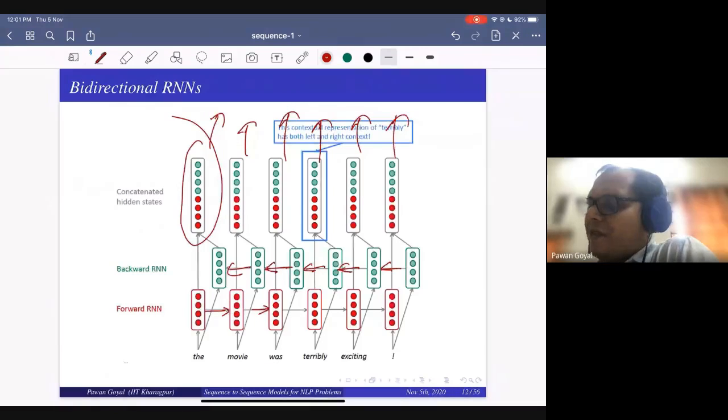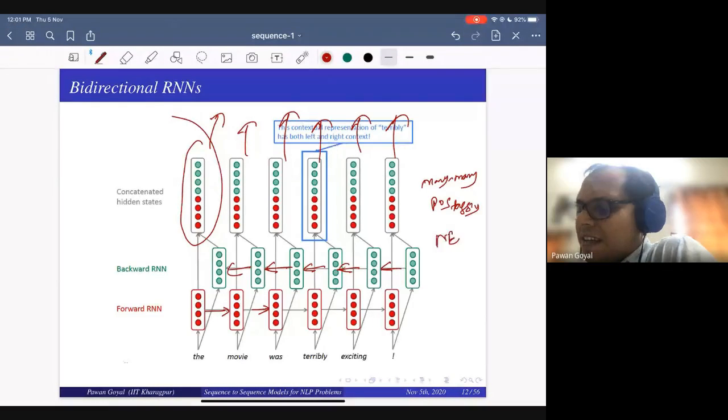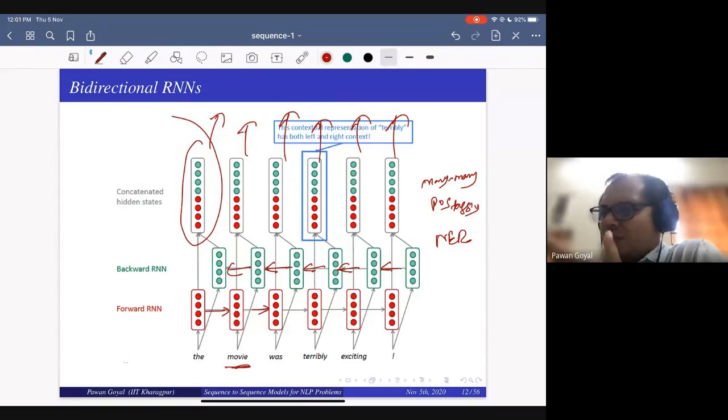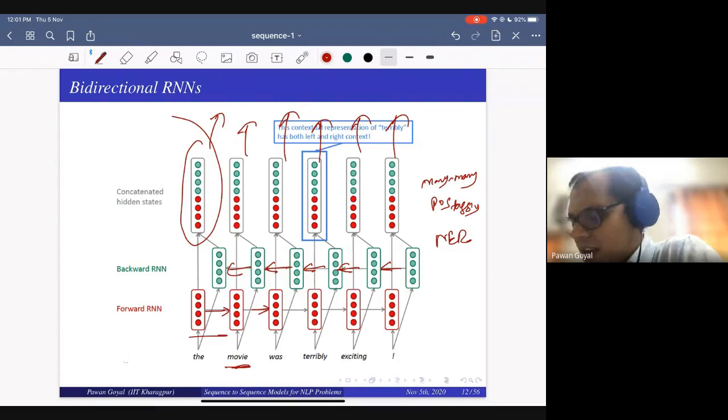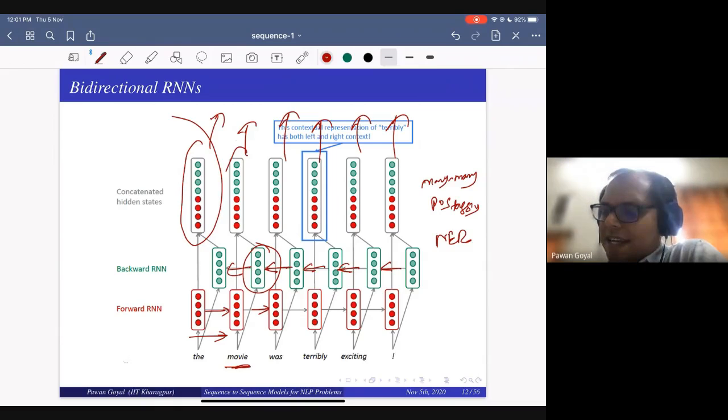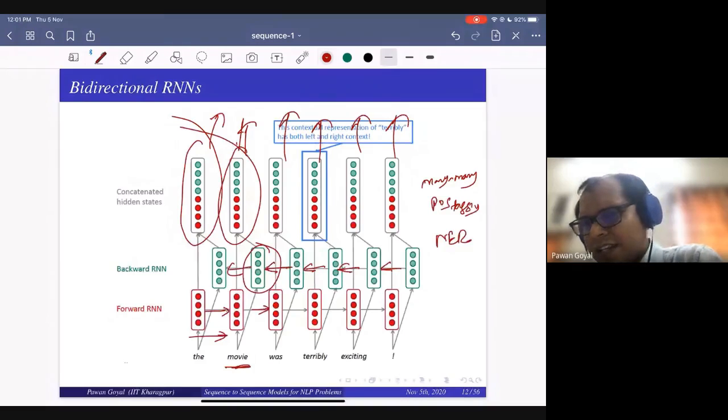So this is very helpful for many to many tasks like part of speech tagging or NER, where at every point you may need information from both sides. You may need information from the left, from the right. So you use a left to right, this forward RNN for encoding information from the left, and you use a backward RNN for encoding information from the right, and you concatenate. So this will give you information from both sides and use that for your prediction. So bidirectional RNNs are again very, very helpful.